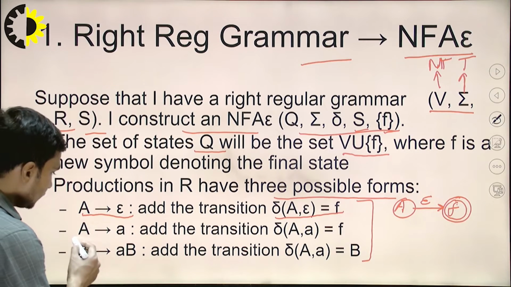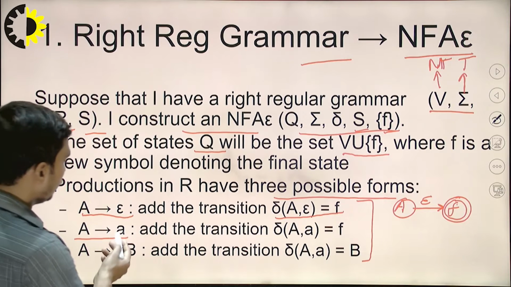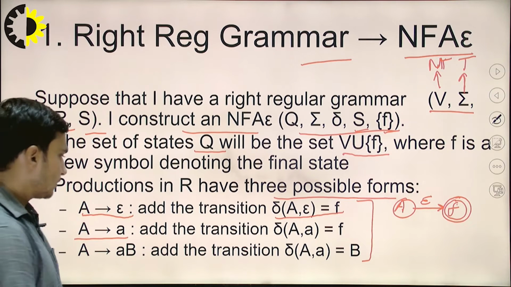The second type of rule is A produces small a, where we have only one terminal on the right-hand side.